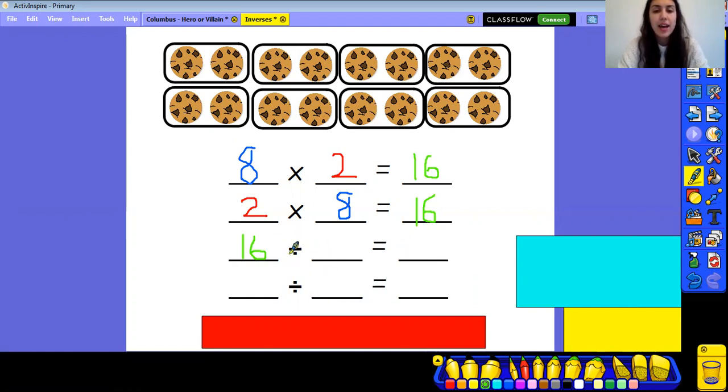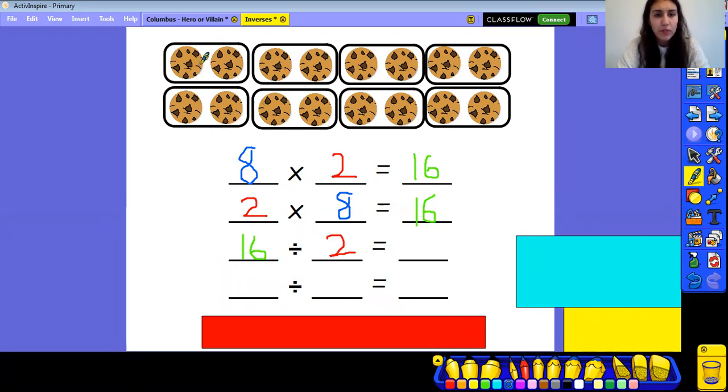So we can say that they have been grouped, because grouping is one way we can look at division. So they have been grouped into, what have they been grouped into? Well, they're in groups of 2. So I could say that 16 divided or grouped into 2s equals how many groups?